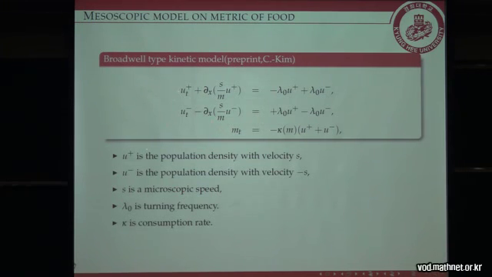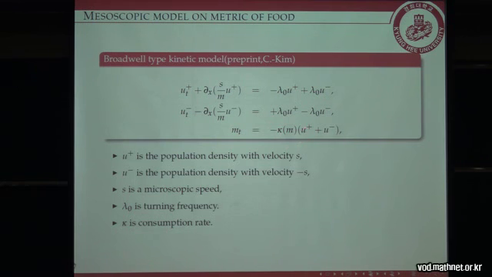Here U plus is the population density with velocity plus s, and U minus is the population density with velocity minus s. And this is the running term, and this is the tumble term. S is the microscopic speed, lambda 0 is the turning frequency, and K is the consumption rate here.